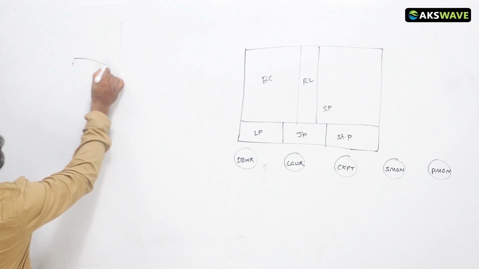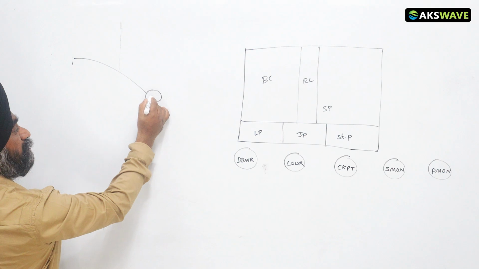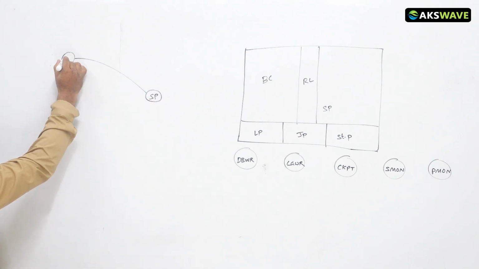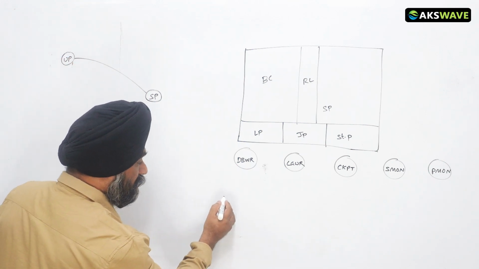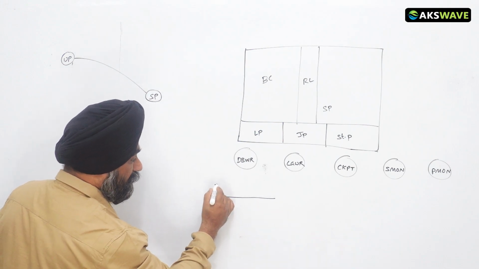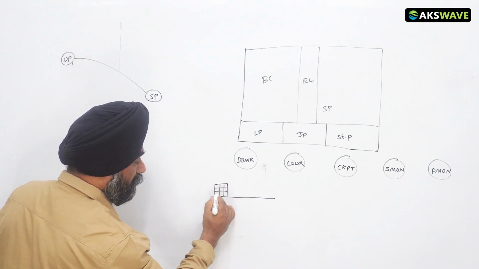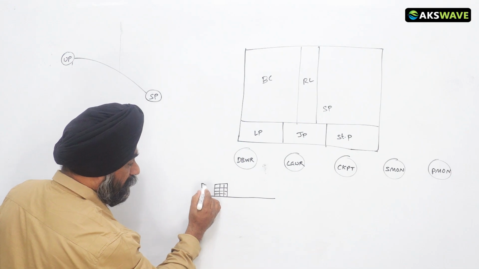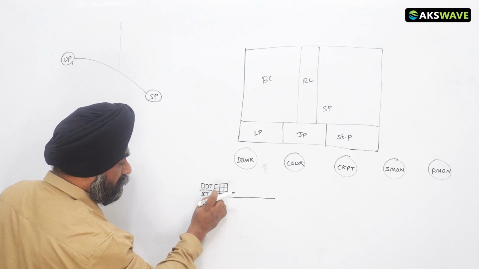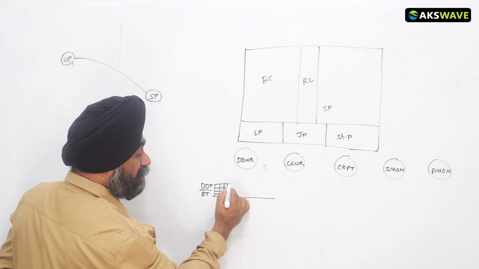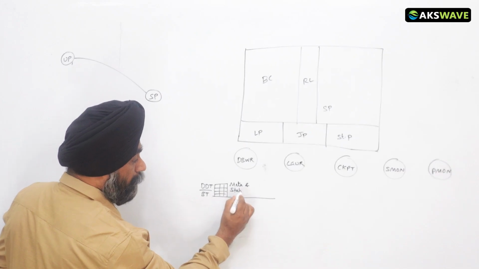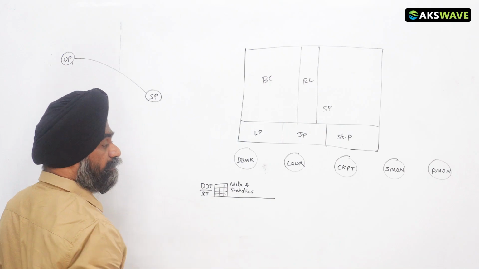So we understood about the process: a server process on the server side, a user process on the client. Then we also started discussing the files. We have one file which contains a set of tables, which we call data dictionary tables or base tables, which contain metadata and statistics.